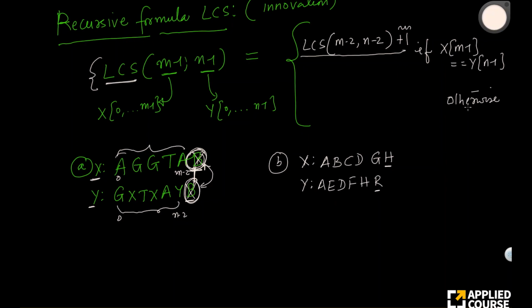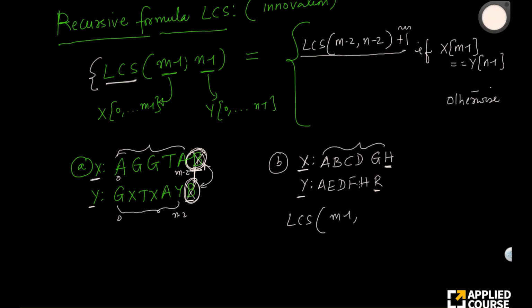So in the otherwise case, if the last two characters don't match here, then the LCS of X and Y can be written as the LCS of the whole X itself, LCS of M minus 1.